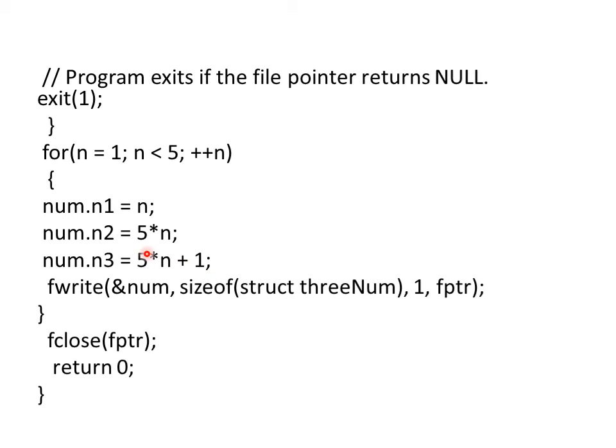That means I am multiplying by 5 and adding 1 to this, and at last I am writing those things to a file with fwrite, &num, sizeof(struct threeNum), 1, and fptr. At last, as usual, we should close the file, return 0.